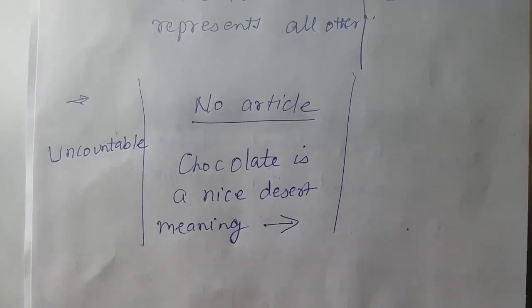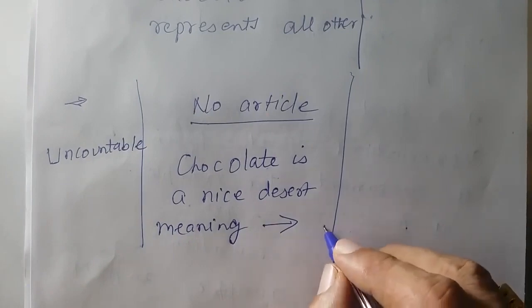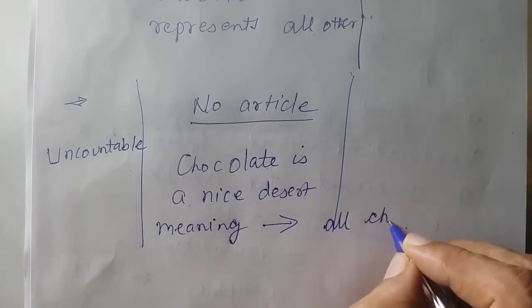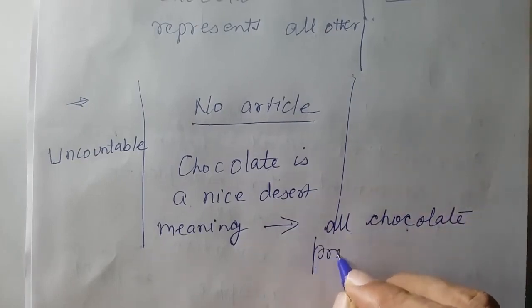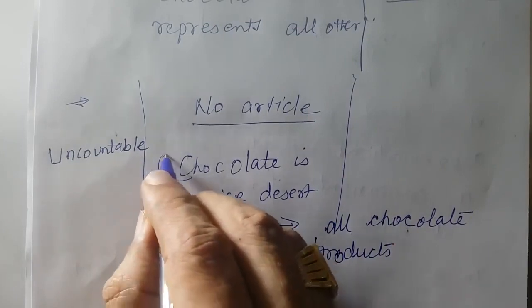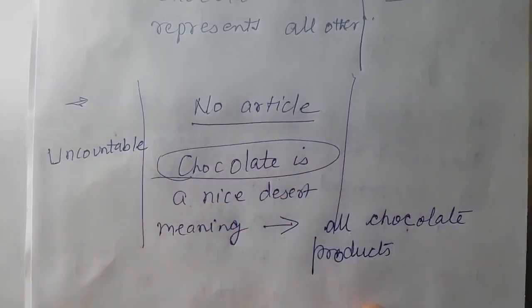If you say chocolate, meaning all chocolate products, because it is representing the whole group. We have given the definition of generic noun, right? This is the definition of generic noun.